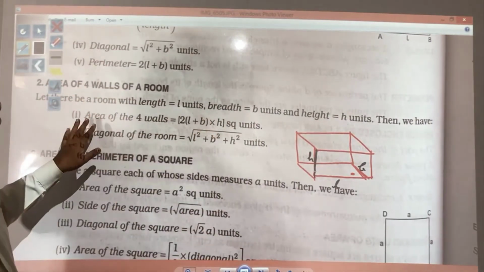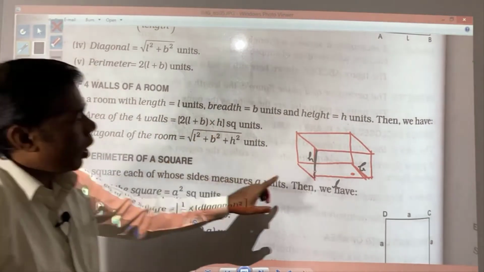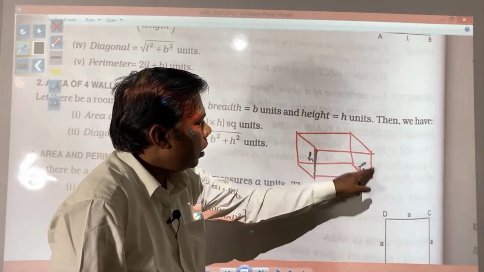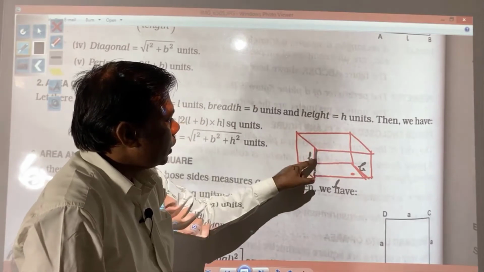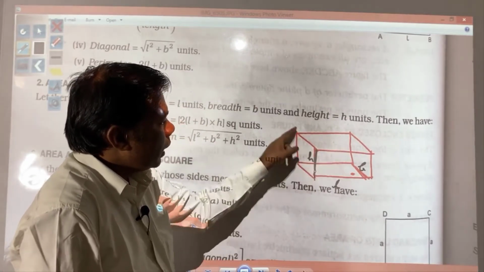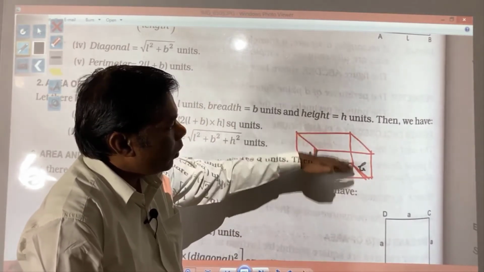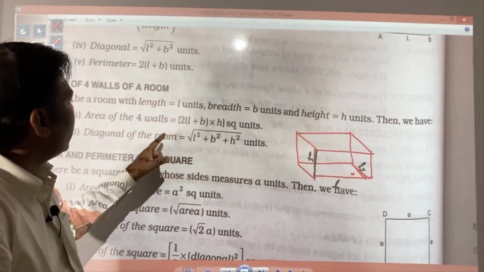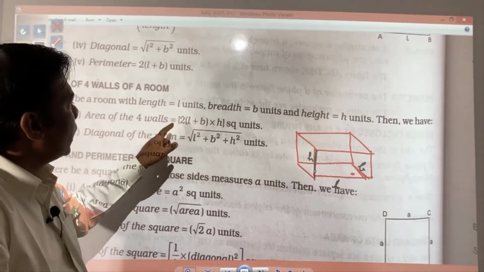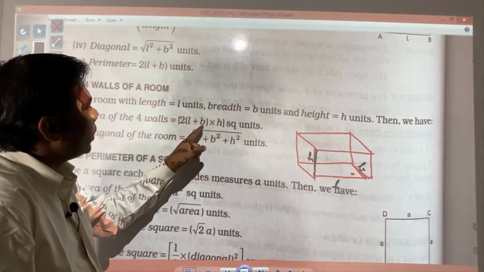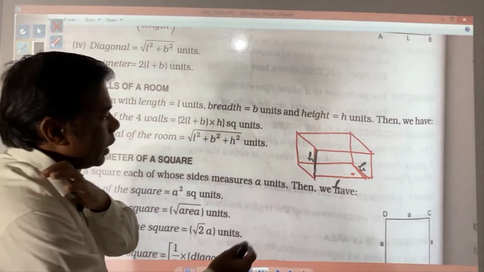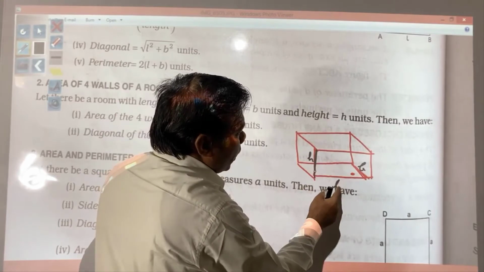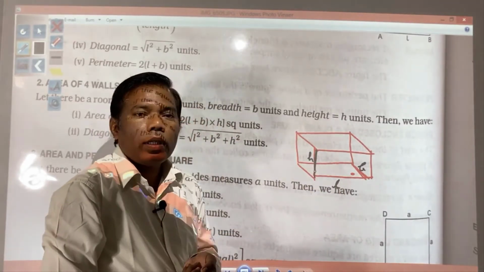Just see, area of the 4 walls. 4 walls you will get. This wall and opposite to this wall, and this wall. The floor and ceiling you are not taking. Only 4 walls you are taking. Then in that case, how will you find out the area of the 4 walls? Here you will get the formula 2 into L plus B into H. How will you find out? Just see. If you take this wall, how do we find area?